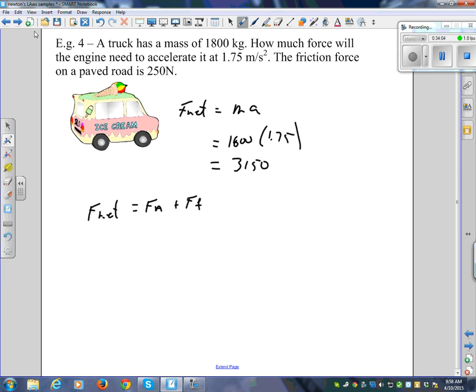Okay, here's where writing the formula helps, because this F net is the 3150. Right? What are we solving for? The applied force. What's the friction force? Minus 250. And when you take it to the other side, you have to add it.